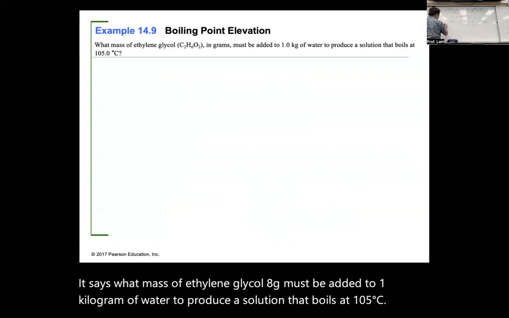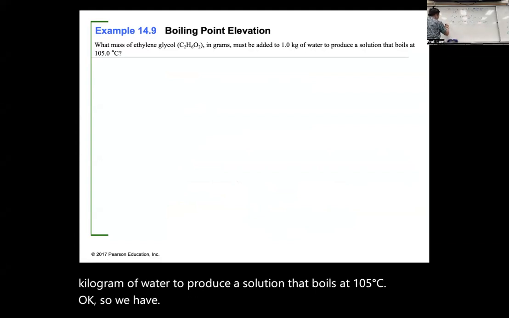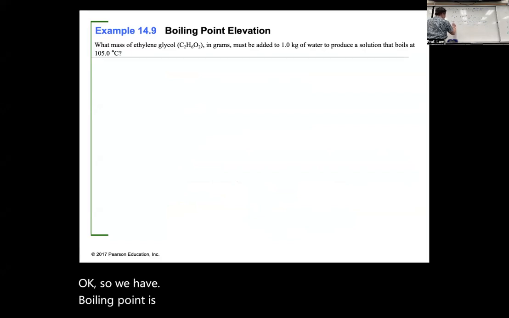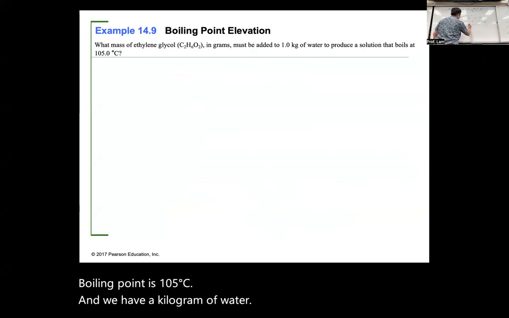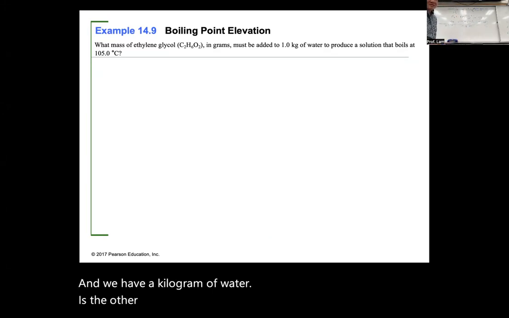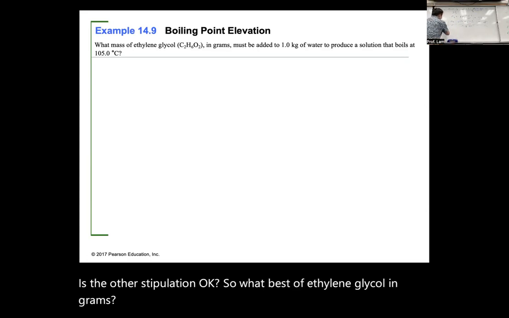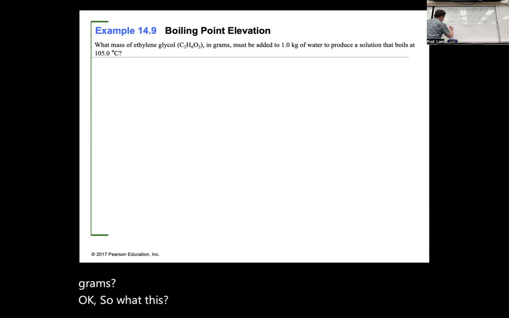Okay, so we have boiling point is 105 degrees Celsius, and we have a kilogram of water. There's the other stipulation. Okay, so what mass of ethylene glycol in grams? That's our question.